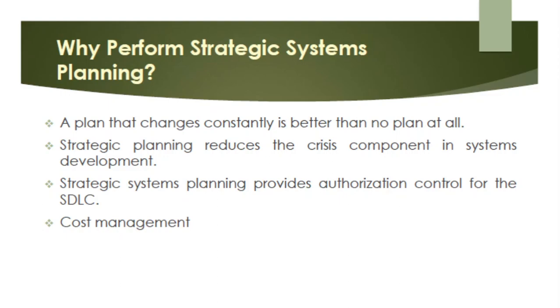Now, investing in the wrong systems can be just as damaging to a firm as investing in the wrong plant and equipment. The last justification is cost management. So, systems planning has proven to be a cost-effective means of managing systems projects and application development.